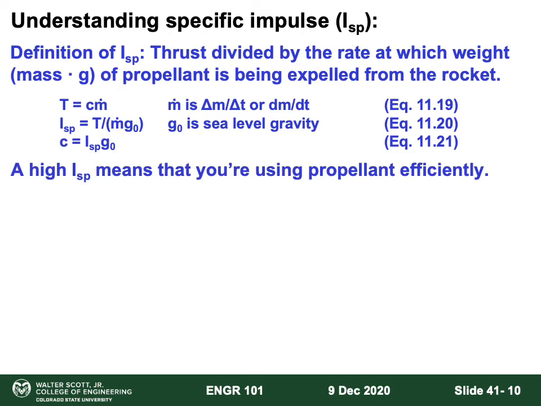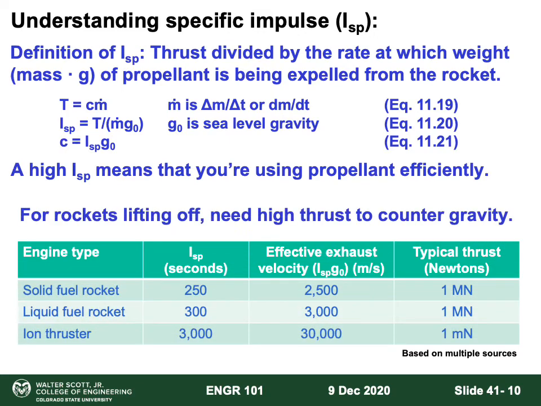If we have a high specific impulse, it means that we are using propellant efficiently, and it also means that we have a high exhaust velocity, or difference in the velocity of the rocket and the velocity of the mass when it leaves. So for rockets lifting off, we need not just a high specific impulse, but also high thrust, because if the thrust isn't big enough to counter gravity, then the rocket can't go anywhere.